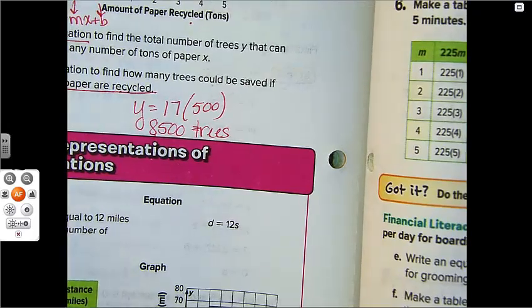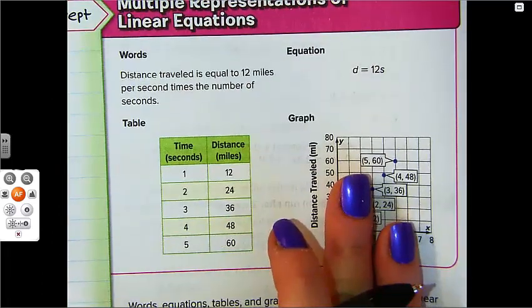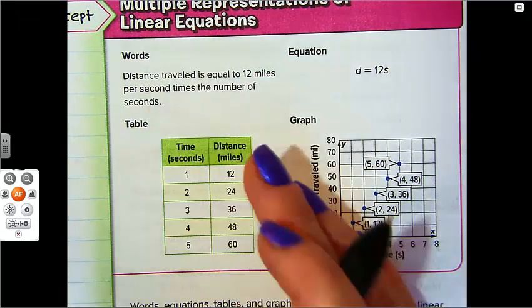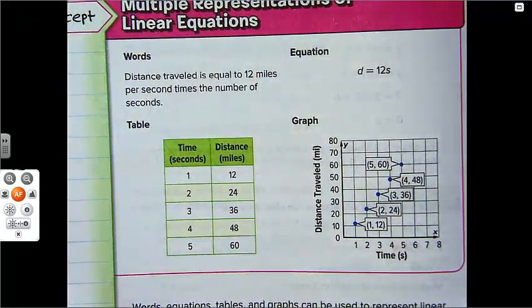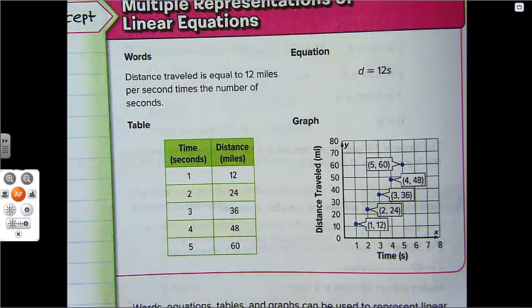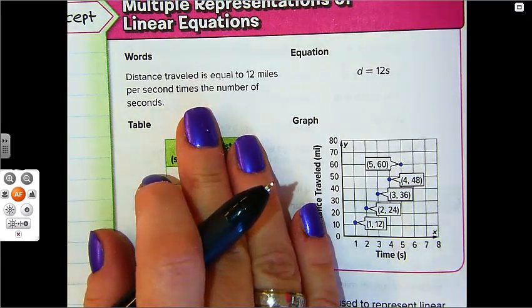Let's look over here. Let's talk about this real quick, the representations of linear equations. Well, first of all, we have in words 12 miles per second, 15 miles per gallon, 17 trees per ton. Those are all things in words that mean a linear equation, okay?